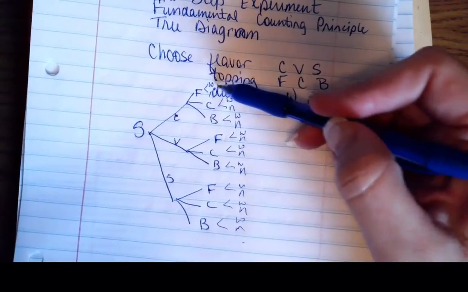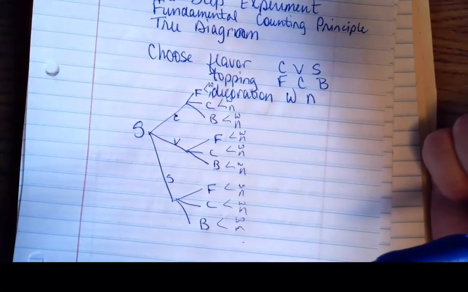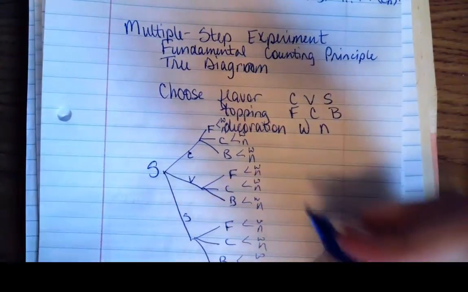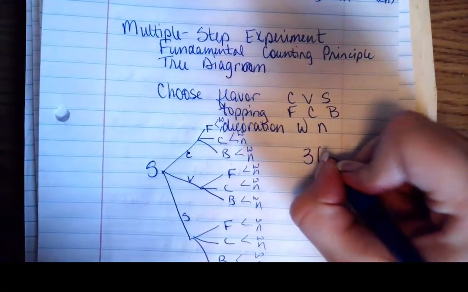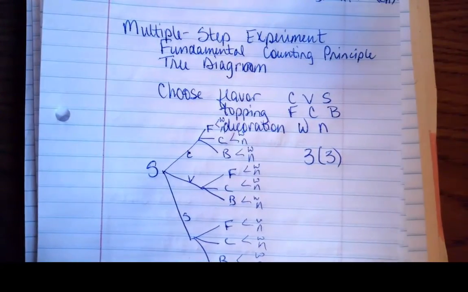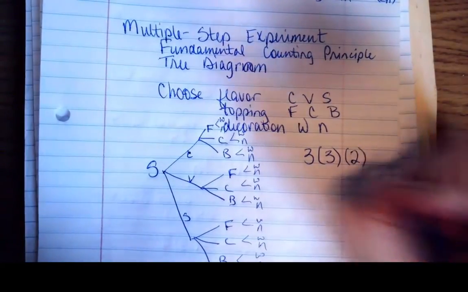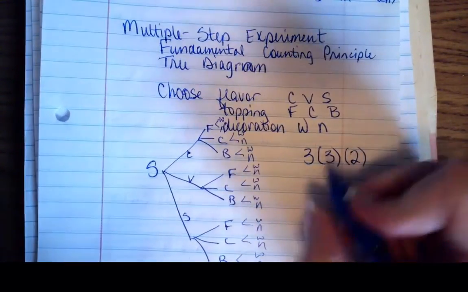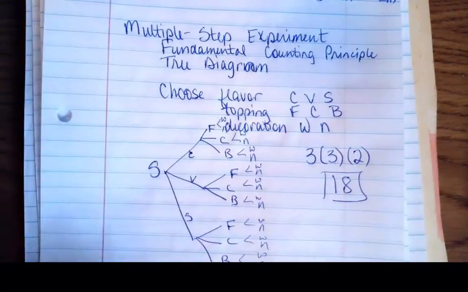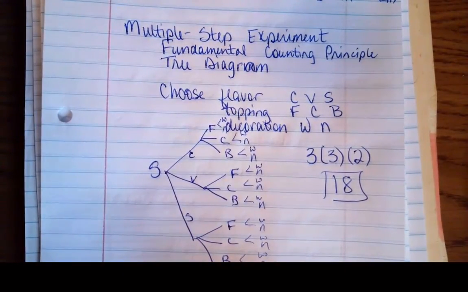I just said that there were 18 possible outcomes. How many flavors do I have? 3. How many toppings? 3. How many decorations? 2. So 3 times 3 times 2 is 18. You have 18 possible outcomes.